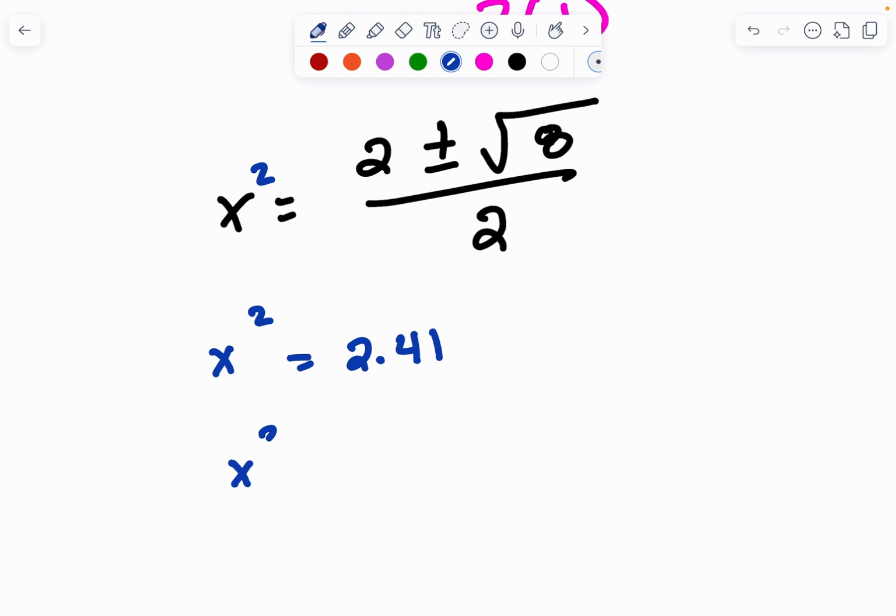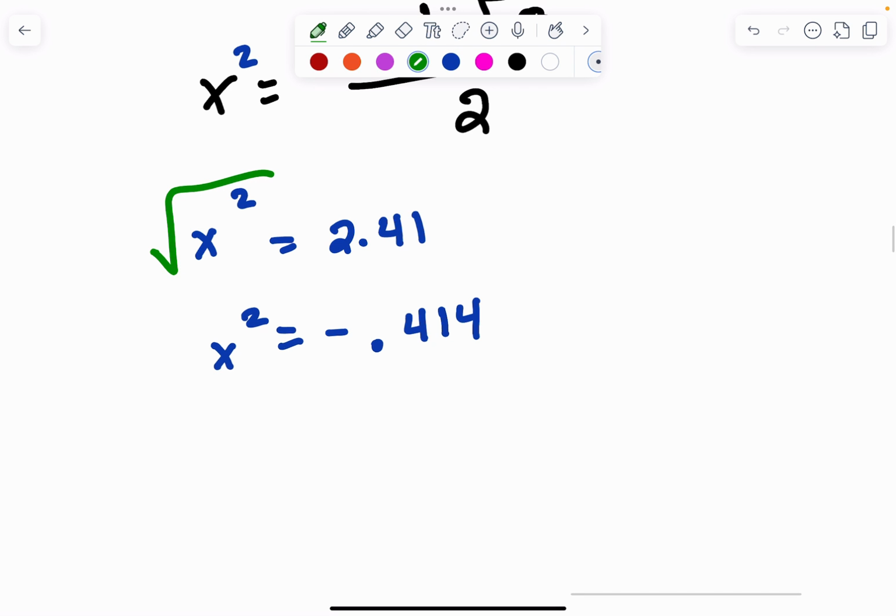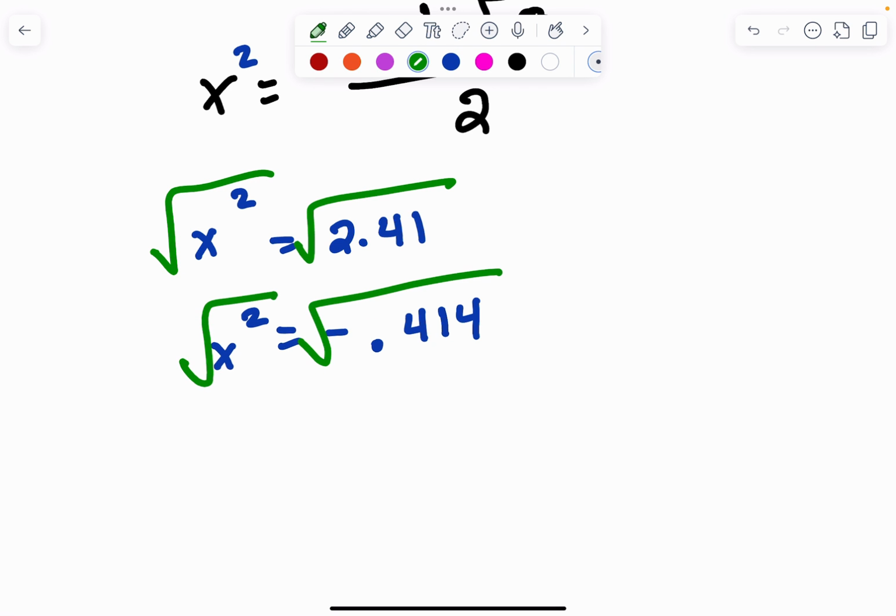And x squared is equal to 2 minus the square root of 8 divided by 2, and that is negative 0.414, okay? Now I take the square root of those. And x is equal to, let's see if this comes out nicely, the square root of that, and that is 1.554. I use the full decimal.